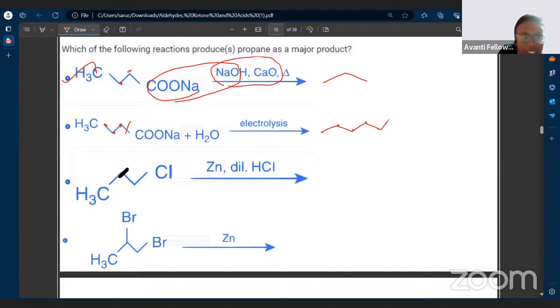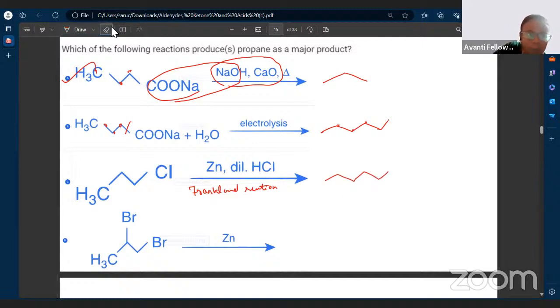And when you treat CH3CH2CH2Cl with zinc, can you name this reaction? It is the Frankland reaction. So what happens over here is that zinc chloride will be removed to form propane as the product.